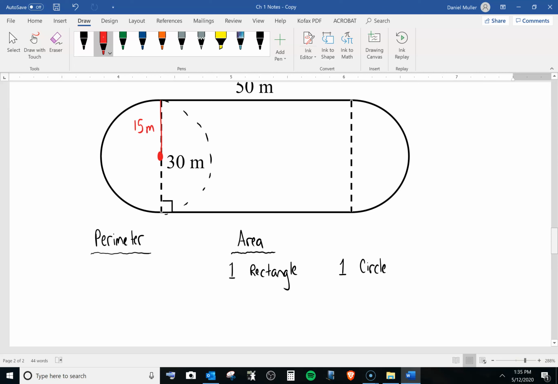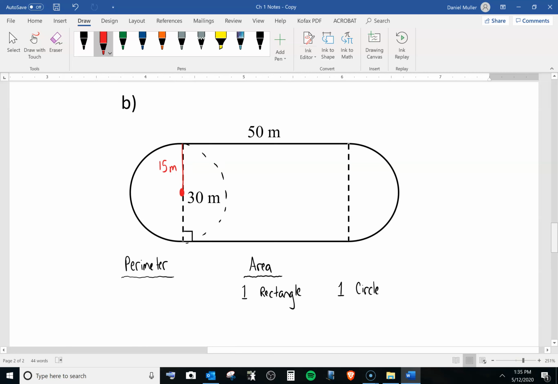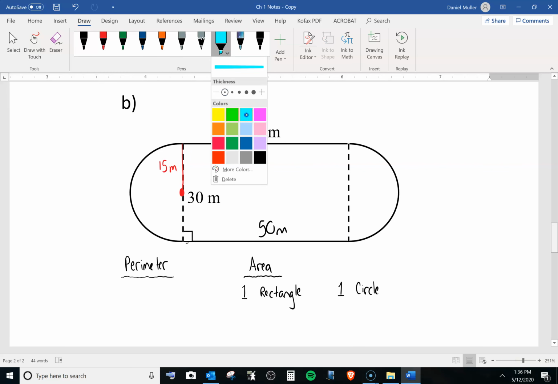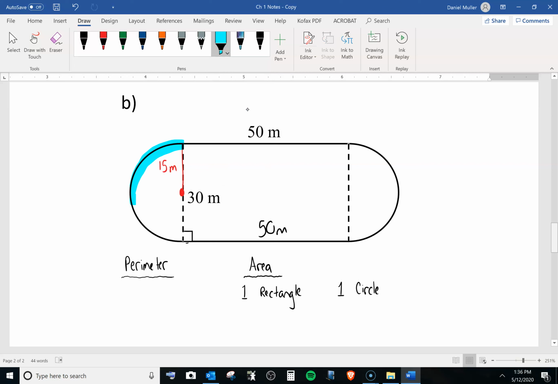Okay, so for perimeter, we need to find the outside. So I know that this is 50, and this down here would also be 50, so I can label that. That's 50 meters. What I don't know is, I'll go like this, that's the perimeter. That's what I need to find.